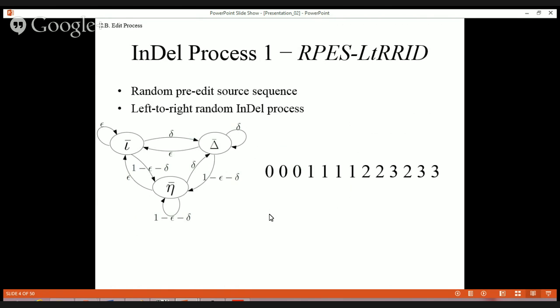Here, we show an example of how a pre-edit source sequence undergoes the insertion-deletion process to obtain a new sequence. Eta here means no operation, hence the symbol remains in the new sequence. Iota means insertion, and it inserts a symbol drawn uniformly from the alphabet.